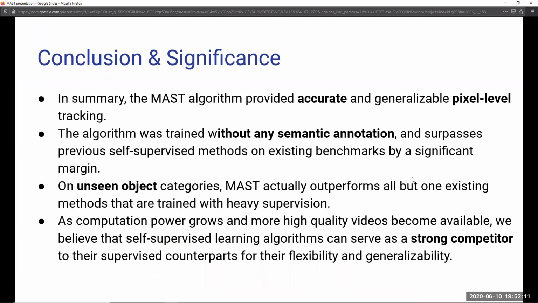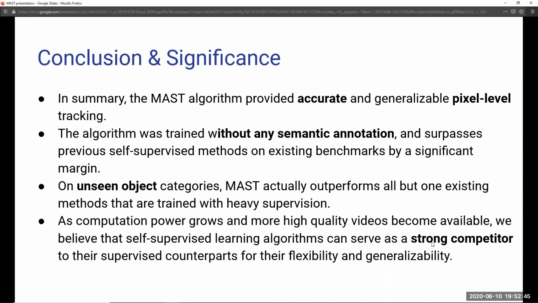So in conclusion, the model was very accurate and generalized well on pixel level tracking. And because it was self-supervised, there was no semantic annotation. There was no need for annotation whatsoever. Also, the unseen objects performed very well, which is why they say it's a stronger competitor.